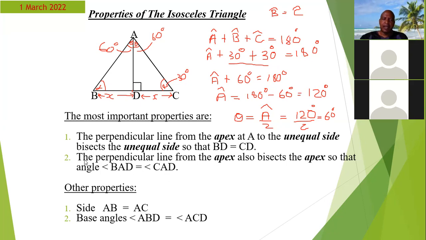Now the perpendicular line from the apex also bisects the apex angle.